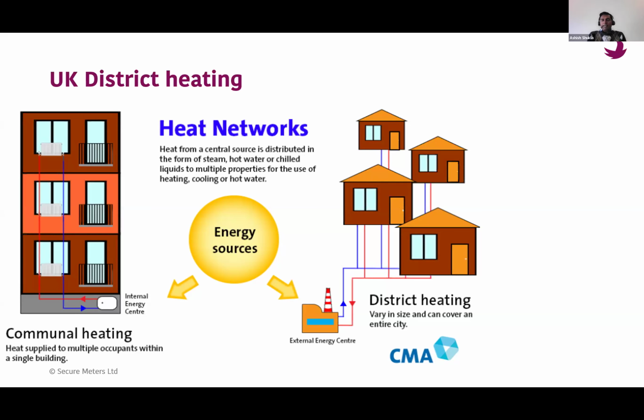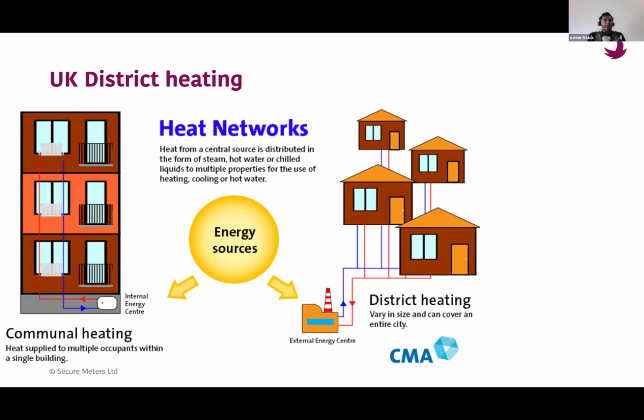Traditionally in the UK, every individual house or apartment will have its own water heating or space heating mechanism. For that they need fossil fuels. Either they will be running on gas, or they can use electricity as well.